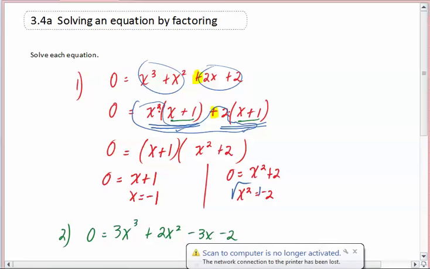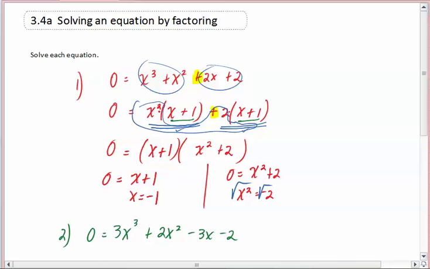So x is equal to, now the square root of -1 times the square root of 2 is the square root of -2, so I can split it up. This gives me i, and I can't do anything with the square root of 2. So I'm going to have plus or minus i square root of 2.